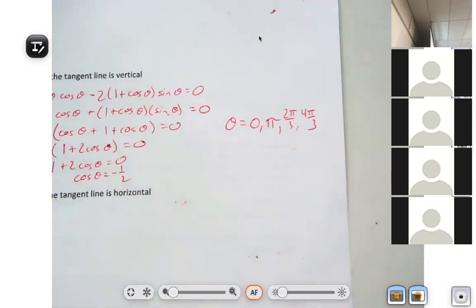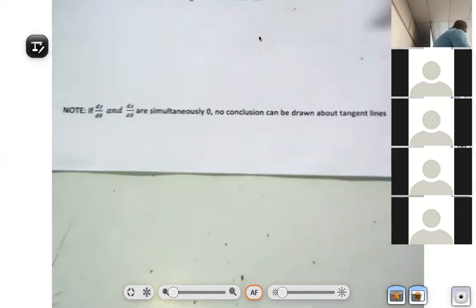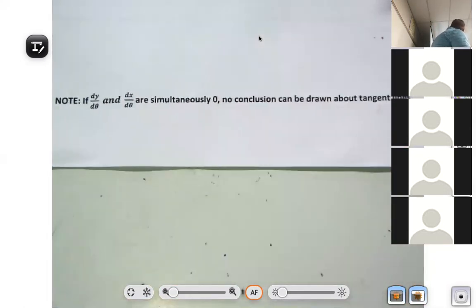So for what we know right now, these are the theta values where the function has a vertical tangent line. There is one thing to keep in mind, and I have never seen it show up on the AP test, but right down here at the bottom, it says if both dy d theta and dx d theta are 0 at the same theta value, you can't conclude anything about that theta value.